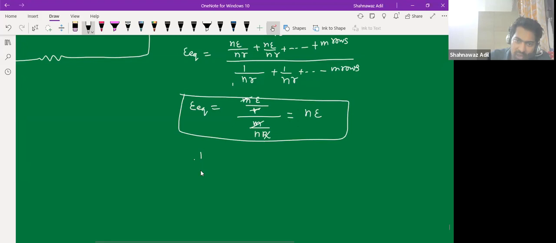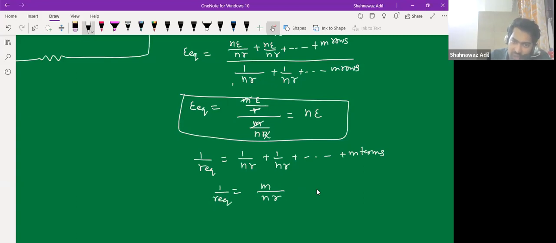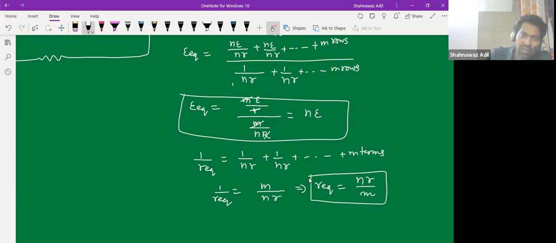So 1 by R equivalent, that is 1 by NR plus 1 by NR up to M terms. So that is M by NR, right? That is 1 by R equivalent. So you will get R equivalent as NR by M.